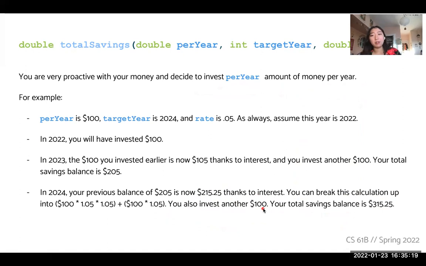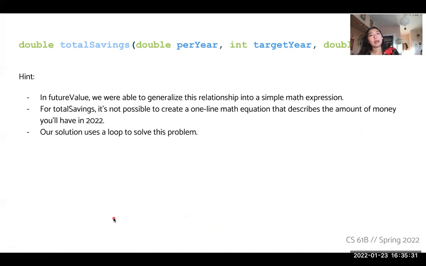And again, you might be noticing some sort of pattern here, right? Where you invest and then you take that amount and it's worth more thanks to interest. I want to give a hint here, which is that in future value, we were able to generalize this relationship into a simple math expression.